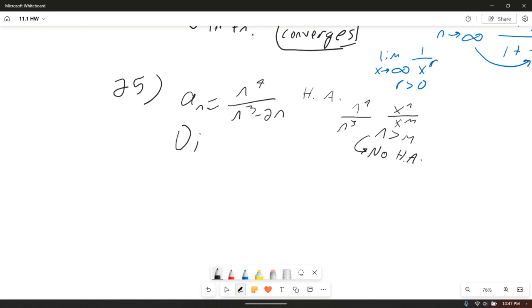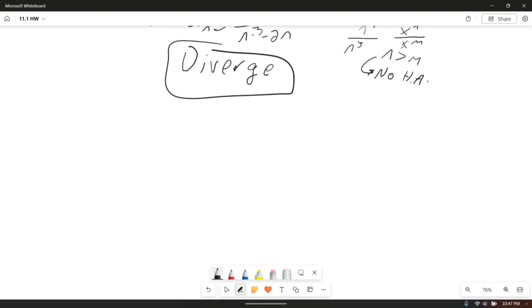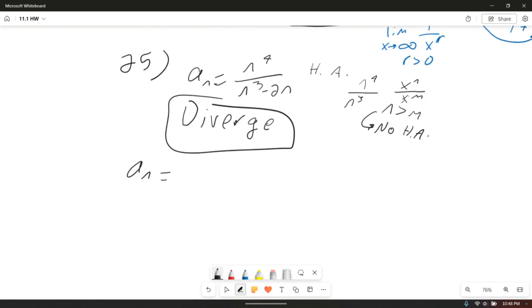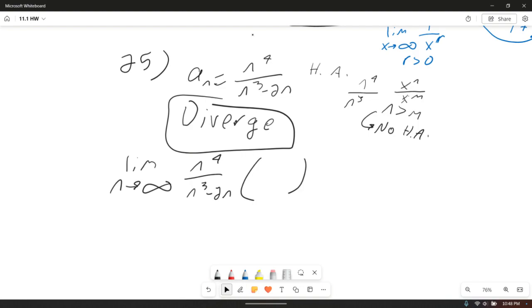This would just diverge. But if you wanted to show it using rules for sequences, showing that the limit would diverge, or that the limit doesn't exist, we're going to use the same strategy we would use for trying to find the limit.